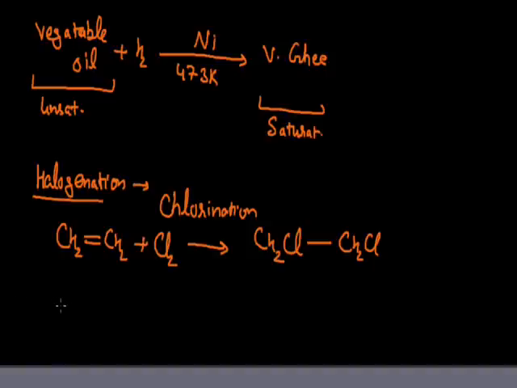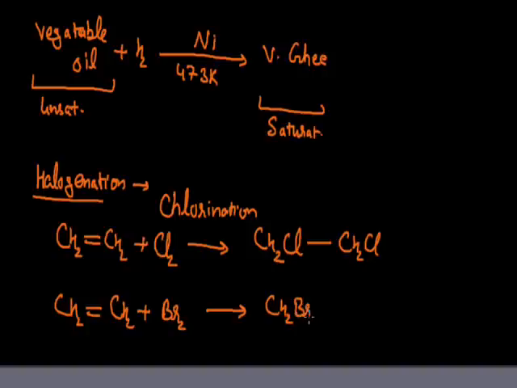In place of chlorination, when I use bromine, this reaction has a specific use because it can also be used to find the saturation or unsaturation of an unknown sample. If ethene is reacted with bromine, finally we will find the same kind of product, and the molecule will be CH2Br connected with a CH2Br, that can be termed as dibromoethene.